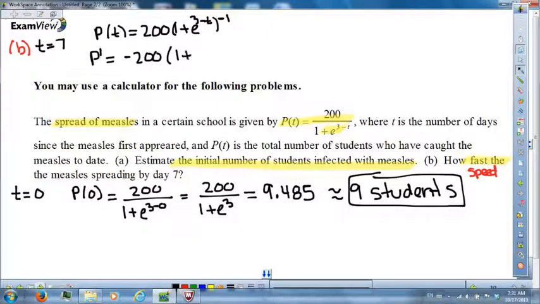We're going to use the chain rule, so everything on the inside stays the same. We're going to subtract 1 from the exponent, times the derivative of the inside. So the derivative of 1 is 0, and the derivative of e to the 3 minus t is e to the 3 minus t times the derivative of u, which would be negative 1.